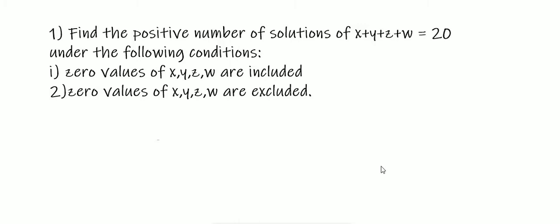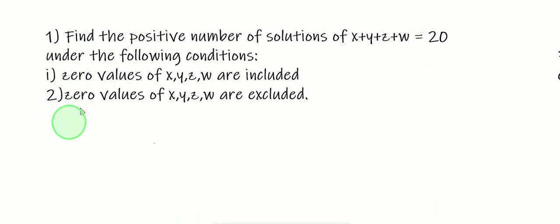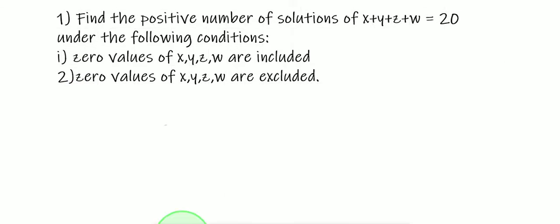Zero values of x, y, z are included means, in the first case, x is greater than or equal to 0, y greater than or equal to 0, z greater than or equal to 0, w greater than or equal to 0, and x plus y plus z plus w is 20.